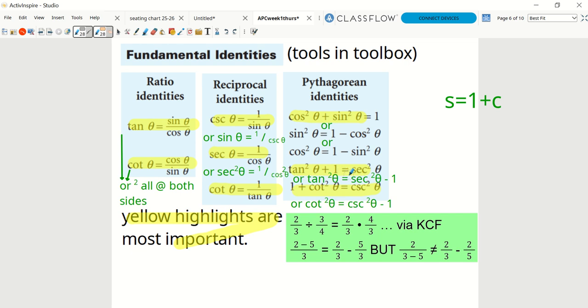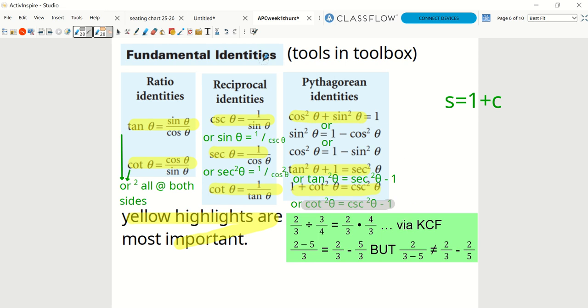So for this, let me show you some variations of these. So this top right, I can rearrange to become these. Just rearranging. Here, I can subtract 1 from both sides and get tangent squared equals the secant squared minus 1. Are we good on this orange right here, or that gray? I can also subtract 1 from both sides and get that right there.